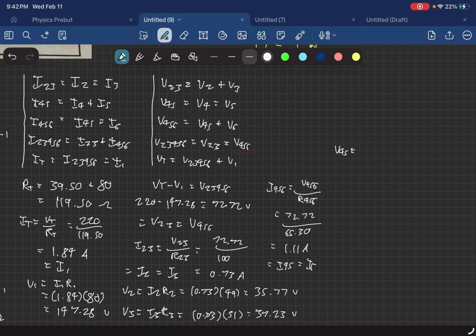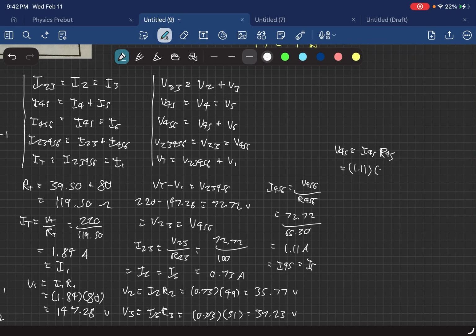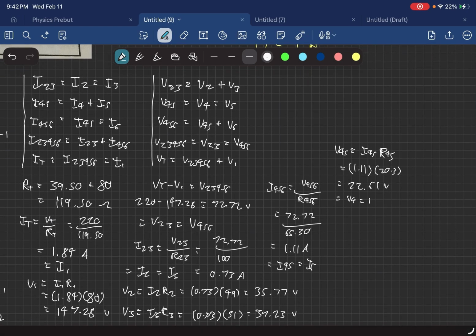V45 is equal to I45 times R45. We just solved for I45, so 1.11 times R45, which we solved for, 20.30. This is why it's very good to list your values down, because you keep going back to it. 1.11 times 20.3 is equal to 22.61 volts, and this is also equal to your V4 and V5.